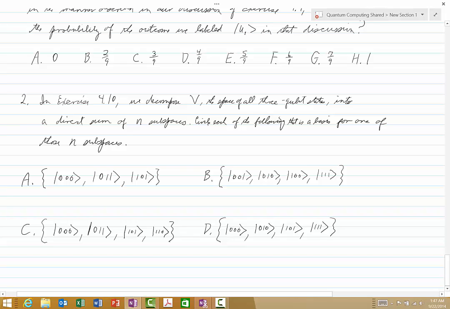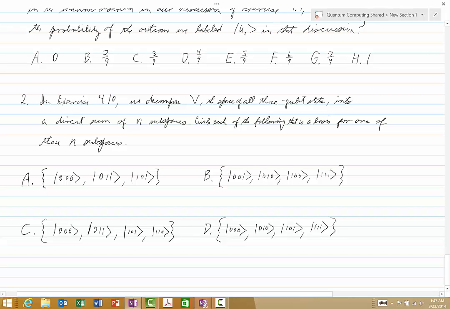And now you'll look at each one of these sets and you'll ask, is this a basis for one of those subspaces? If yes, then circle it. If no, then go to the next one. But you're just interested in knowing whether or not the given set is a basis for any of those subspaces.